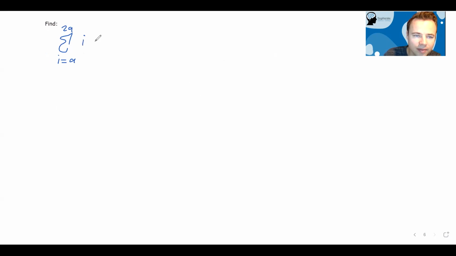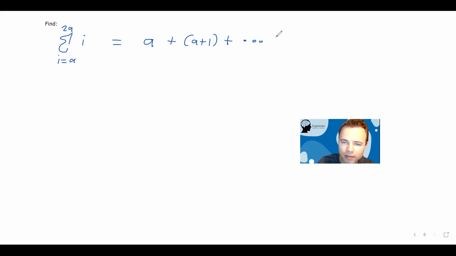And if we write the summation out, we know that it is a plus a plus 1 plus all the way up to 2a minus 1 and 2a. Do you guys agree that that's how the summation looks like?